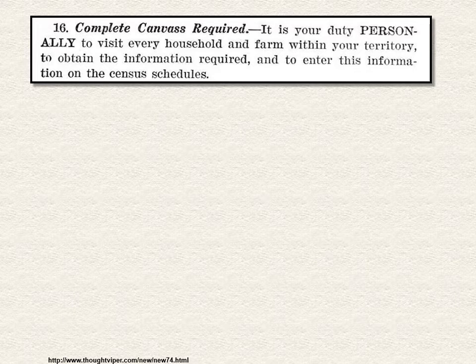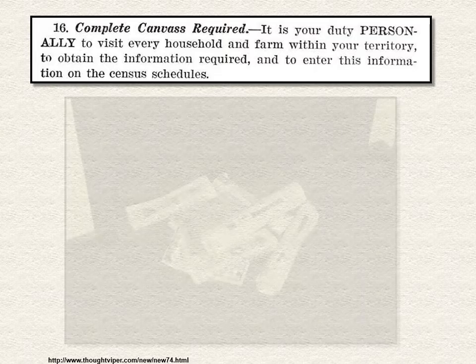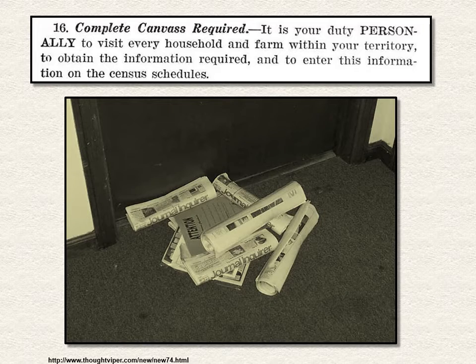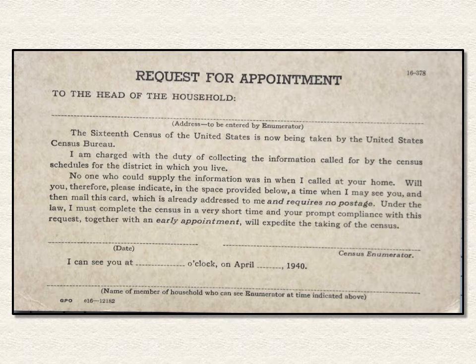Even though the enumerator handbook says that it was your duty personally to visit every household and farm, it wasn't so easy. What would happen if you had a residence where the person wasn't home? As a census taker, you were given a lot of different forms, and this is one area that I'm interested in. I collect information about these enumerators.